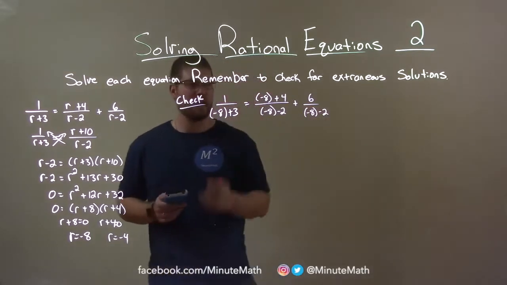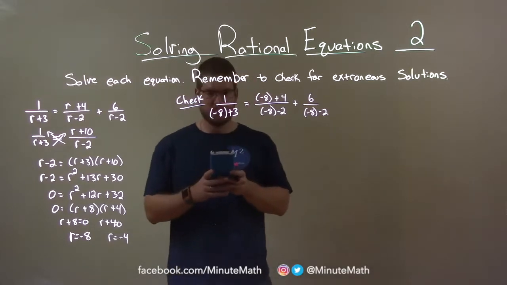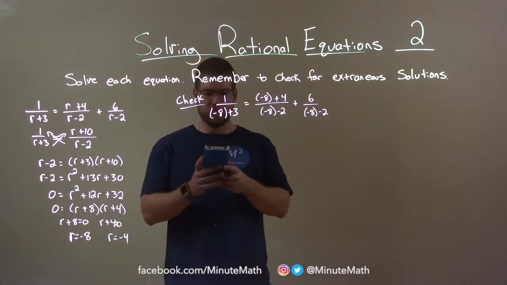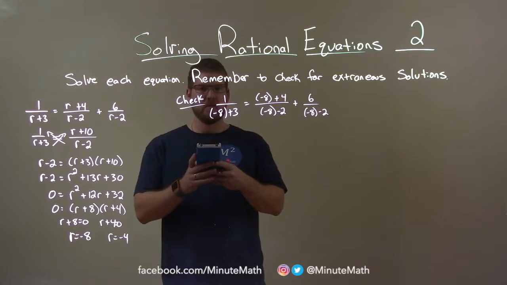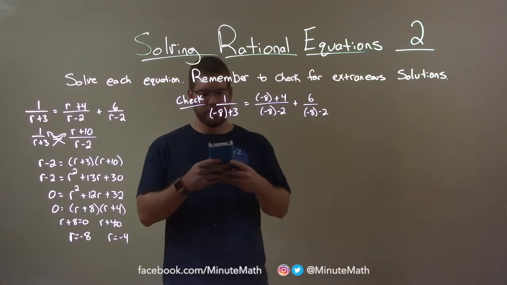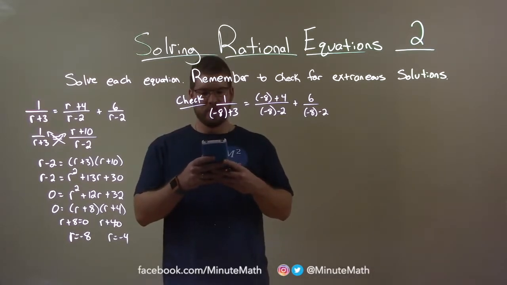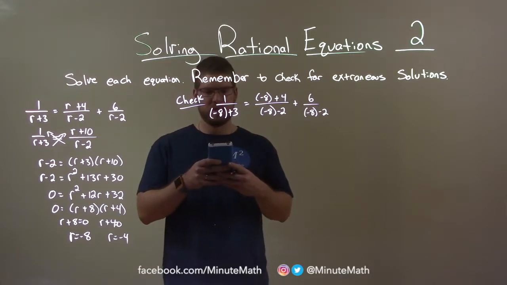All right, I like to just do it all on my calculator here so I don't make a mistake, but that's not always foolproof. So 1 divided by negative 8 plus 3, and that is just, is that right?